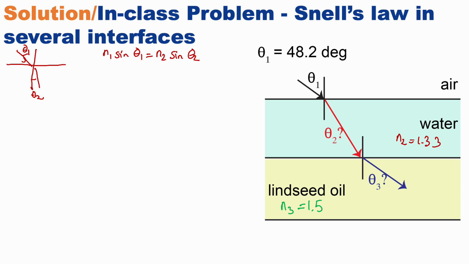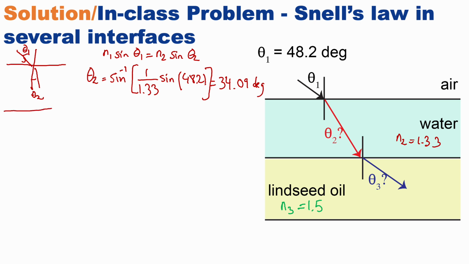So θ2 is equal, and the air is 1. So θ2 is the inverse of the sine of 1 over 1.33 sine of 48.2, and this is gonna be 34.09 degrees.